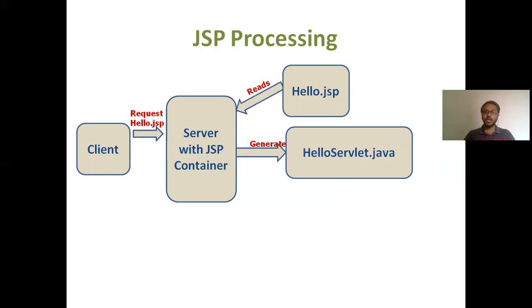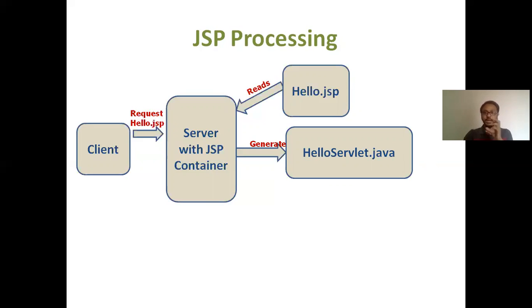So this servlet.java file will be automatically generated by the JSP container of your web server. Once this generating is done, this .java file, that means the servlet file, will be automatically generated.